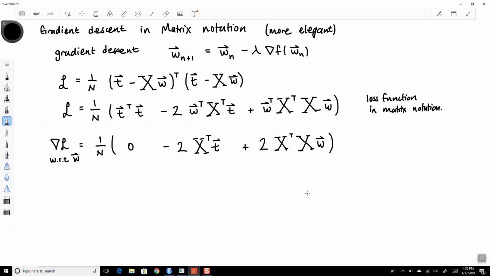All I'm going to do is rearrange the terms, but this is the gradient with respect to W. Okay, just rearranging terms.